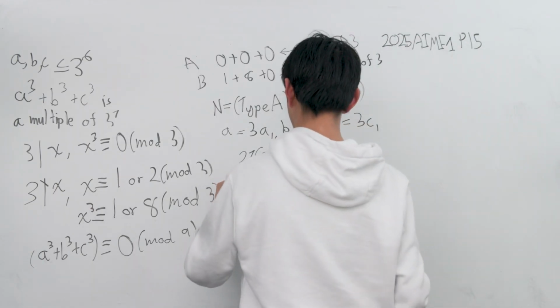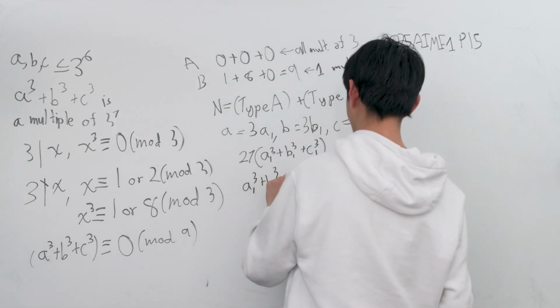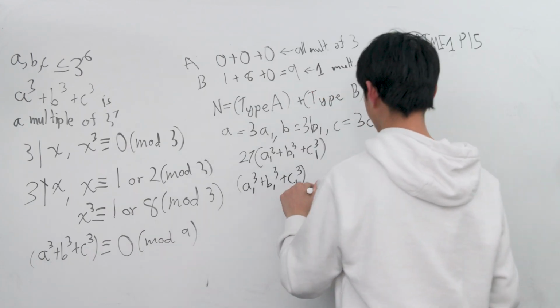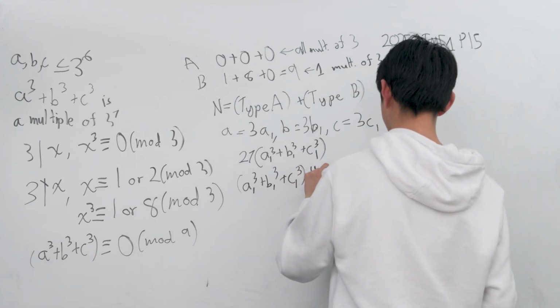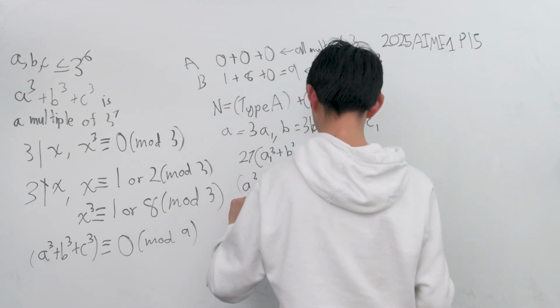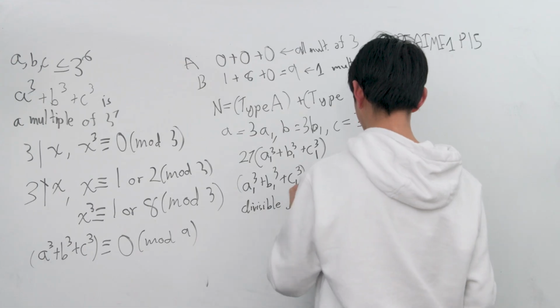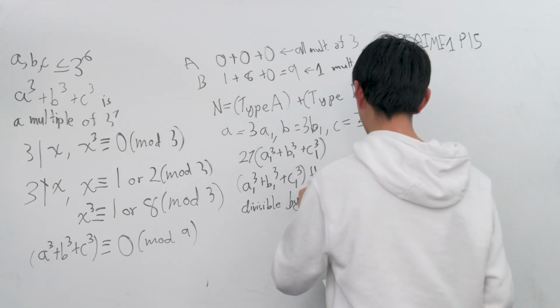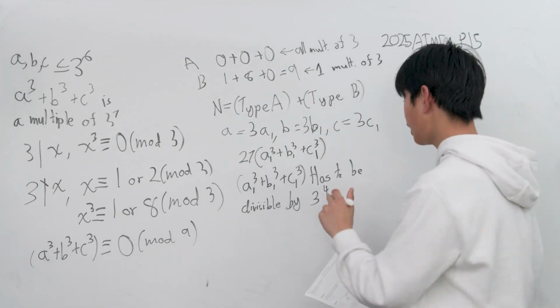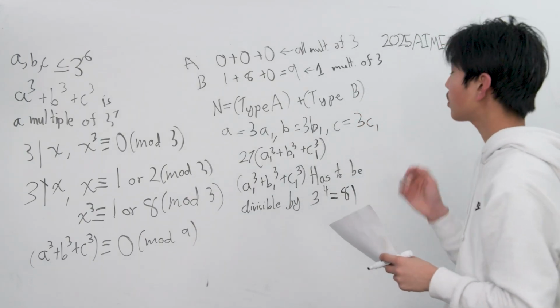Just going to write it out. a1 cubed plus b1 cubed plus c1 cubed has to be divisible by 3 to the power of 4, which is equal to 81 in this case.